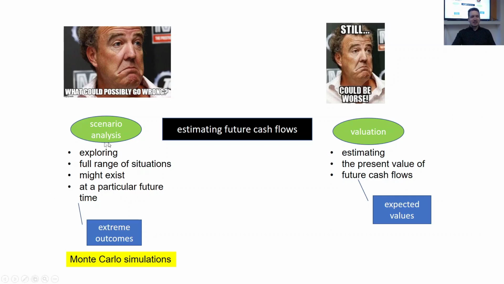Scenario analysis is much more about extreme outcomes, and practically we don't care about scenarios, we care about probability distributions and thresholds like 5% probability or 1% probability in the future. This side will introduce us to value at risk and expected shortfall, and on the right side we will see valuation at the level of options, forwards, and stuff like this.